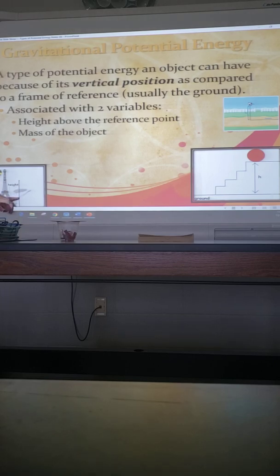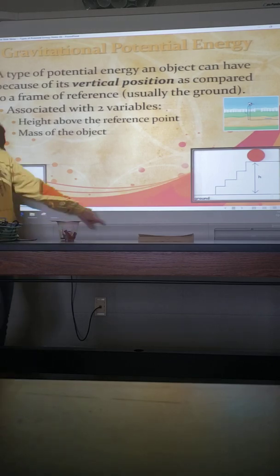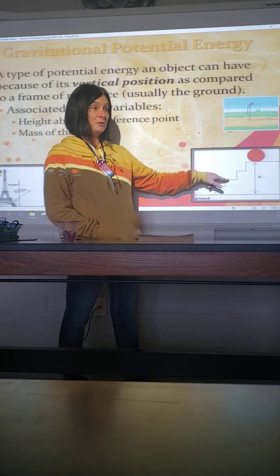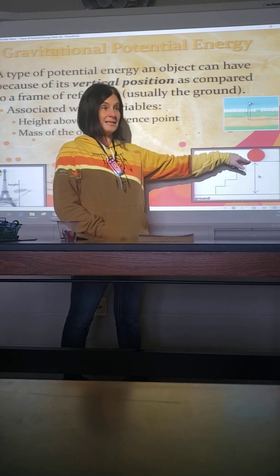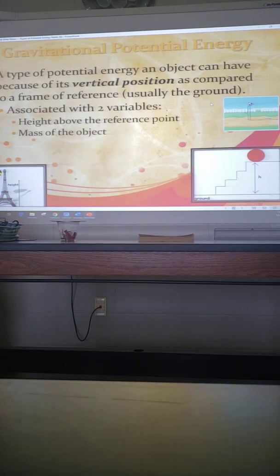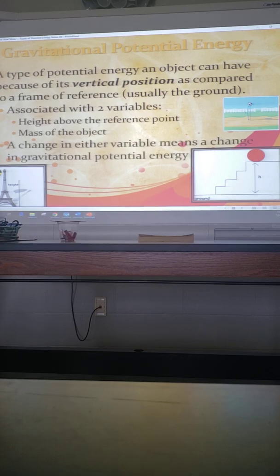So how high it is above the reference point. So if it's on this first tread, it has a little bit, now it's got more, now it's got more, now it has the most. Okay? It's the highest. So if you change either of those 2 variables, you're going to get a change in the gravitational potential energy. Those are the 2 things that affect it, so changing them will have an effect on your total potential energy.